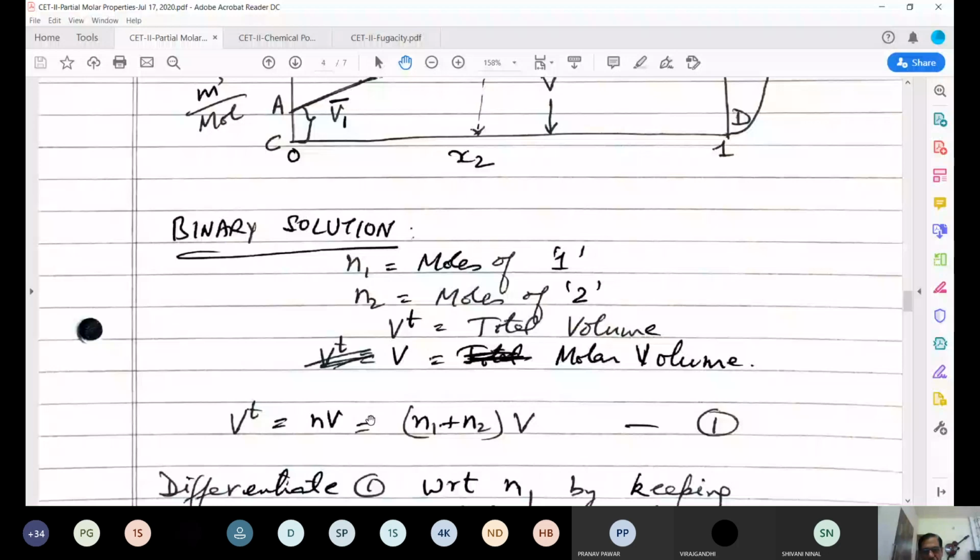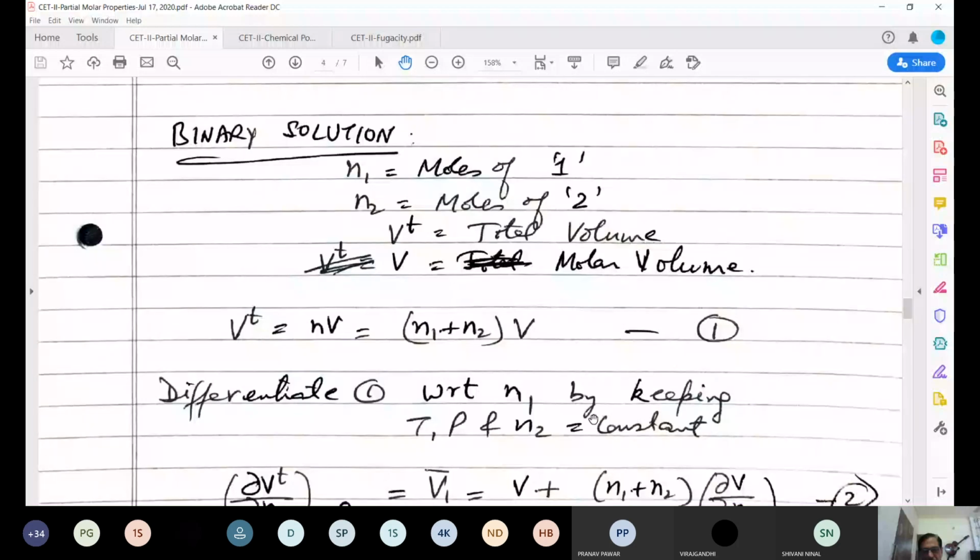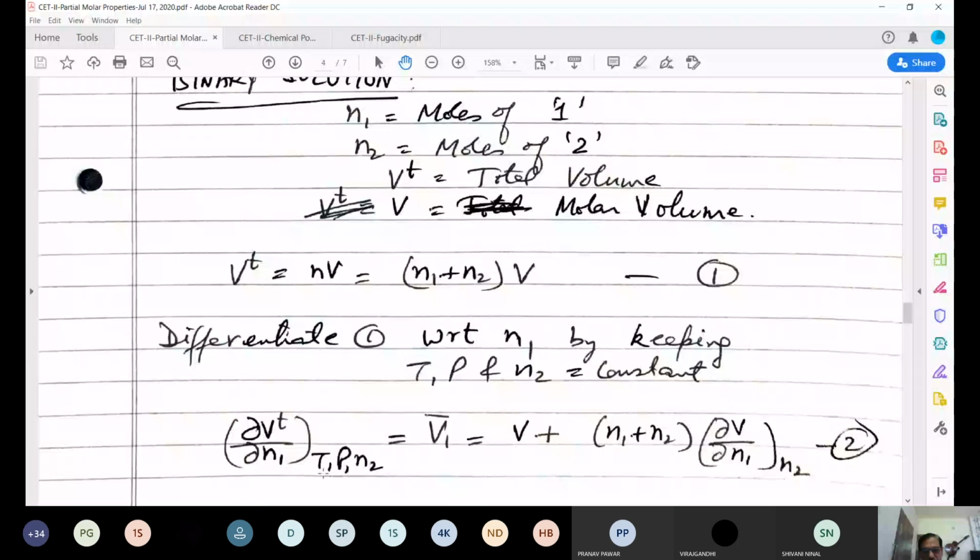So now we differentiate this equation 1 with respect to n1, keeping temperature, pressure constant, and also n2 constant. So what we'll get is delta Vt by delta n1 at constant temperature, constant pressure, and constant n2. And that is nothing but, by definition, V1 bar.